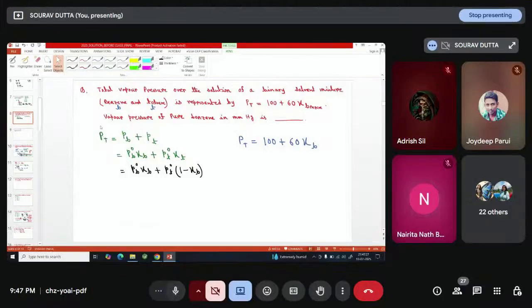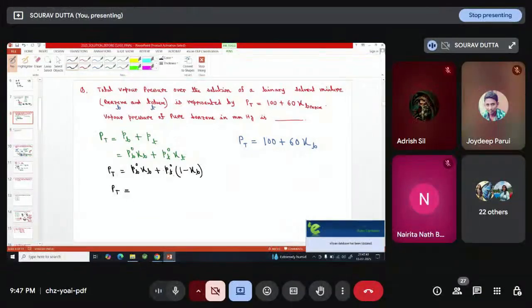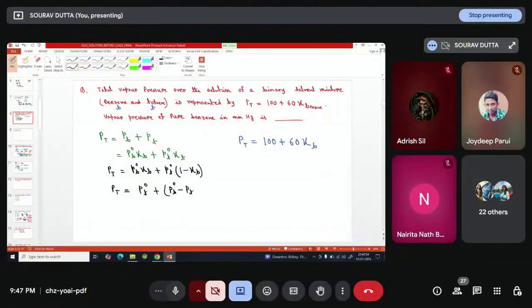So PT equals, you can take XB common. There is a simple PT naught, and if you take XB common, it becomes PB naught minus PT naught into XB.